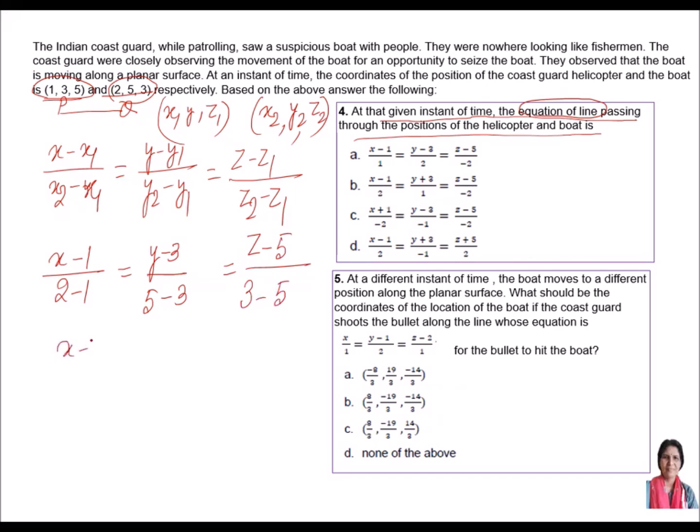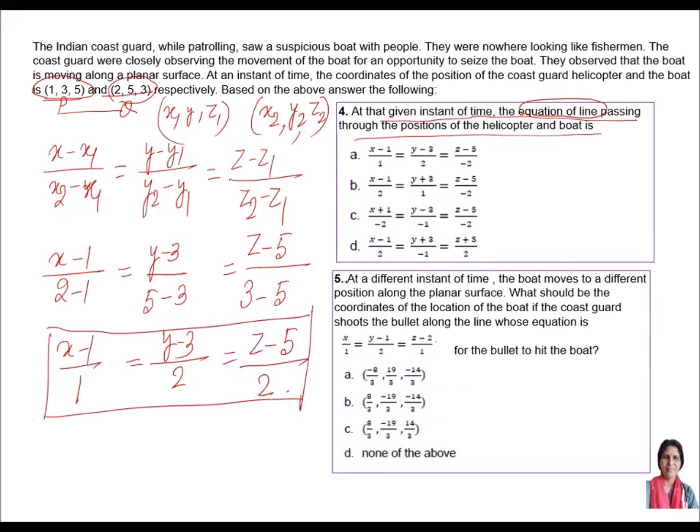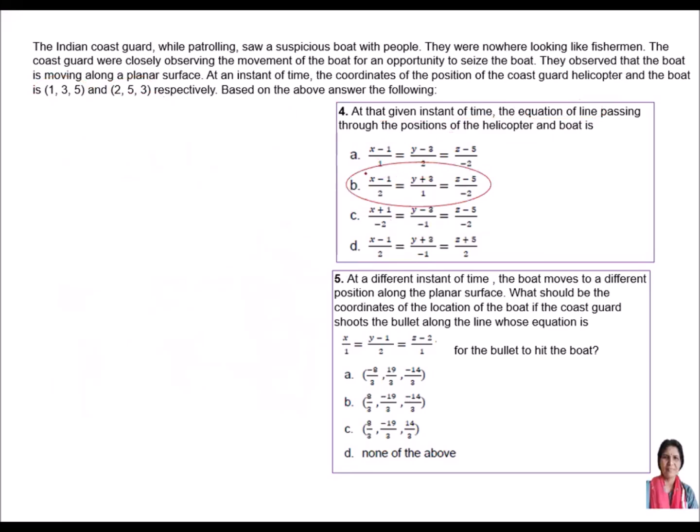So it will be x minus 1 by 1, y minus 3 by 2, z minus 5 by minus 2. So this is the answer you have to identify. x minus 1 upon 1, y minus 3 by 2, z minus 5 by minus 2. So A is the answer of this question.